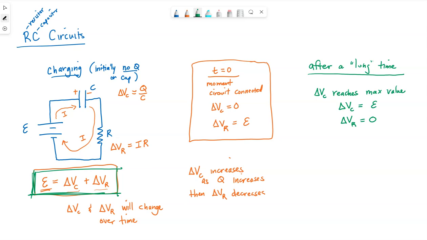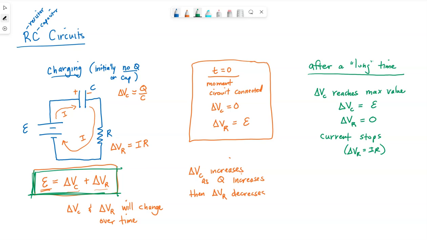So essentially, after a long time, when the capacitor reaches its maximum voltage value, current stops. Right? For a resistor, delta V is I times R. The resistor value is not changing. So for delta V for the resistor to go to 0 means the current has to stop flowing.